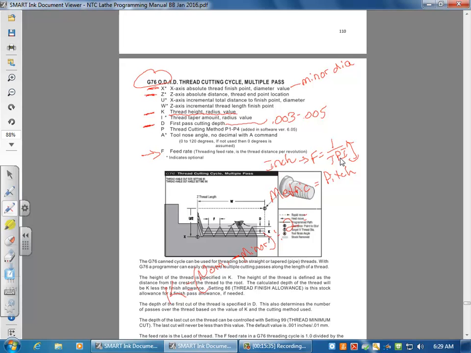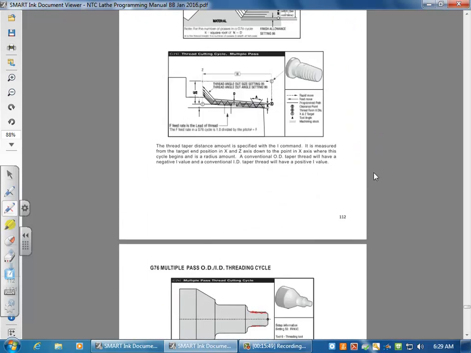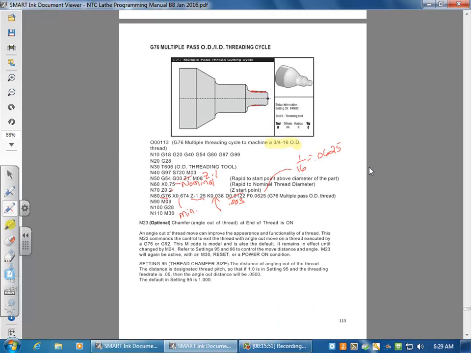So you're taking your nominal, which is here, minus the minor, but you're dividing it by 2 because these are in diameter form, and we want radius value. So if you go back to our example, if you took 0.75 minus 0.674 and divided by 2, you would end up with 0.038, and that gives you your thread height.